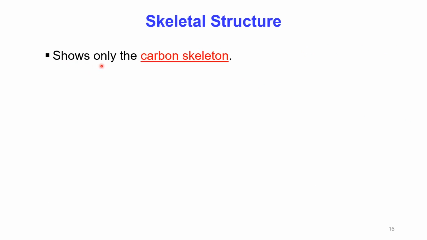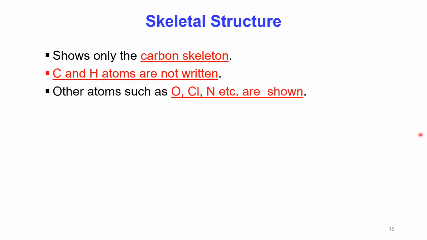Okay, and the third structure is skeletal. Skeletal shows only the carbon skeleton. Alright, so carbon and hydrogen atoms are not written. So in a skeletal structure, we don't write the carbon and hydrogen atoms. Atoms other than carbon and hydrogen, such as oxygen, chlorine, nitrogen, etc., are shown.